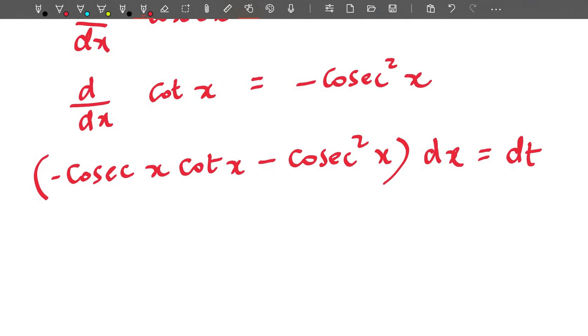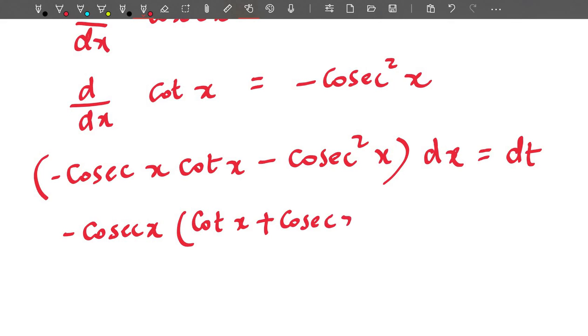Now taking cosecant x common in both the terms, which will give us minus cosecant x into cot x plus cosecant x into dx is equal to dt.